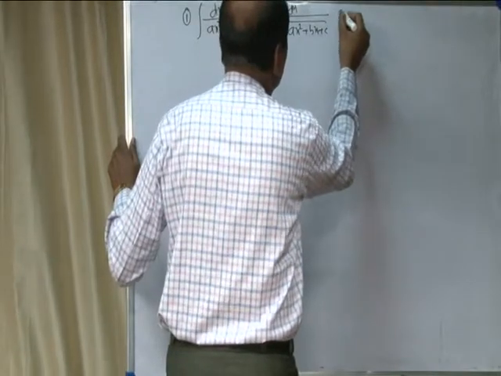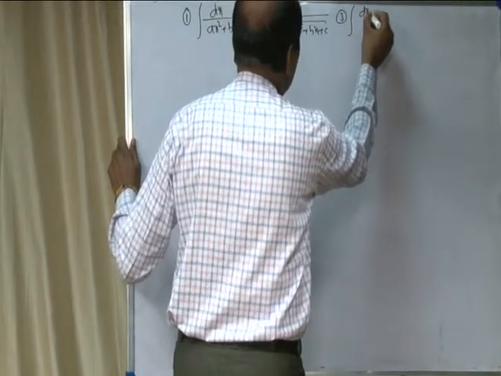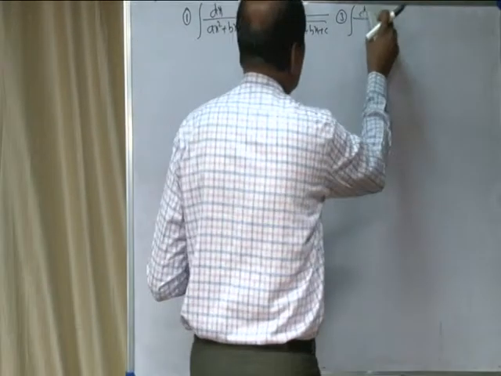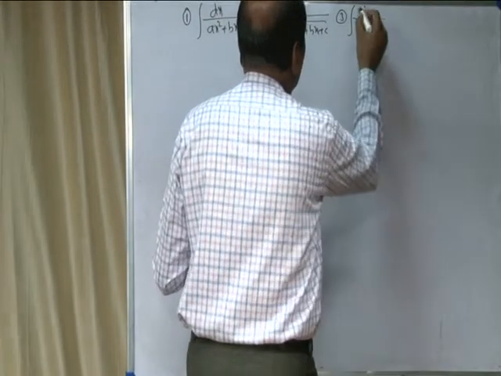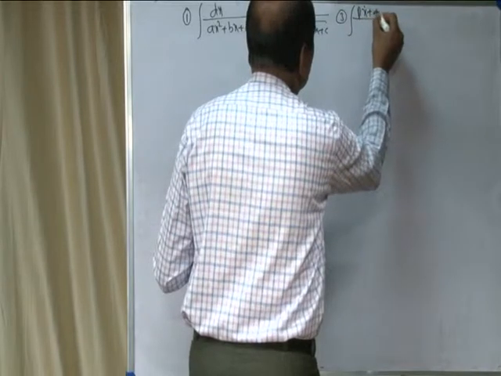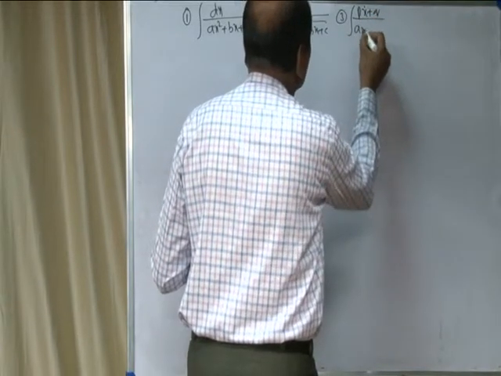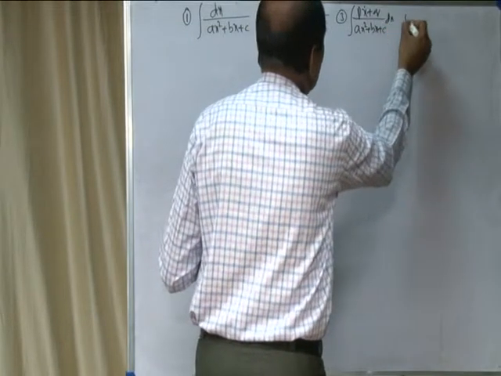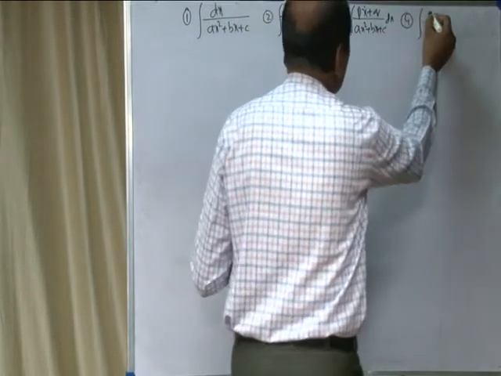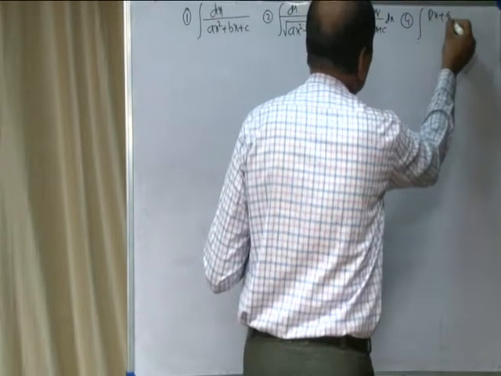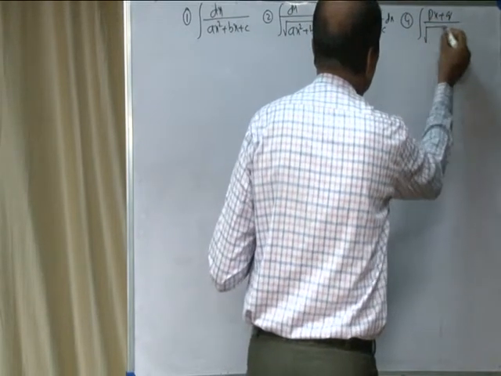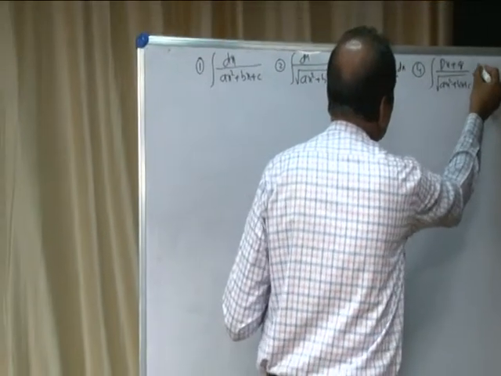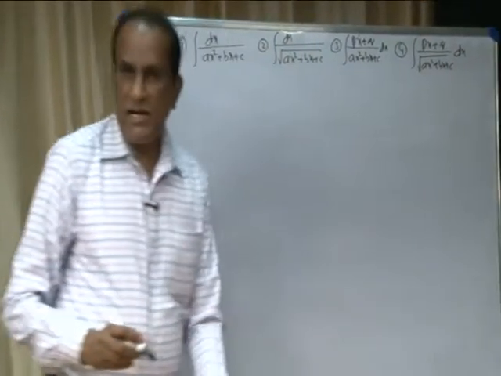Third form, px plus q divided by ax square plus bx plus c dx. And the last form, integration of px plus q divided by root of ax square plus bx plus c dx. So these are the four standard forms.